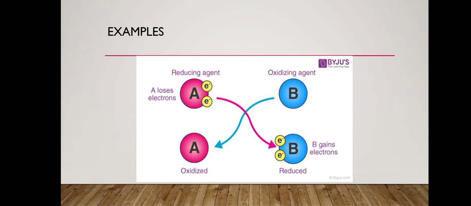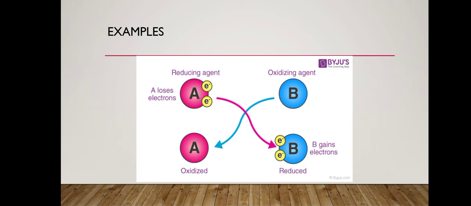Here are the examples of oxidizing agents. A and B are the reducing and oxidizing agents. First of all, A loses electrons and B gains electrons. So A gets oxidized and B gets reduced.